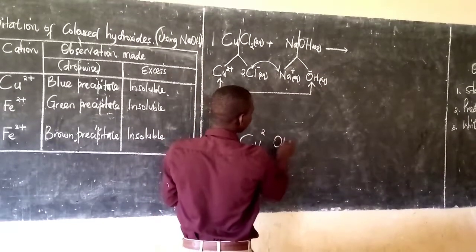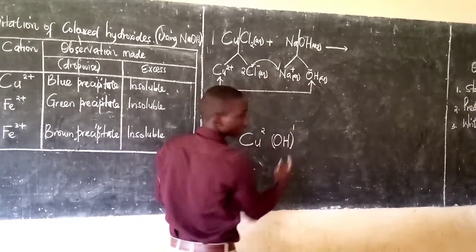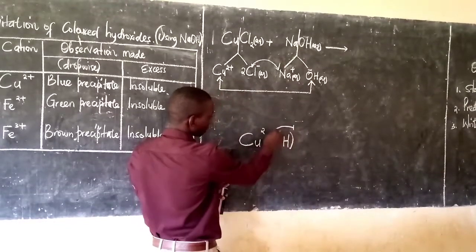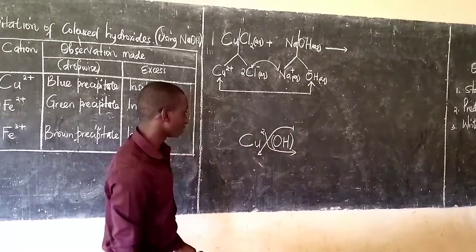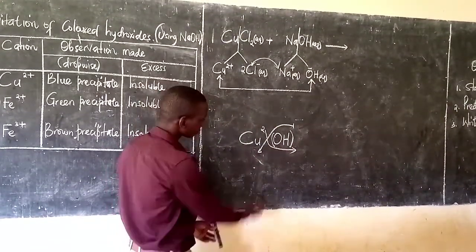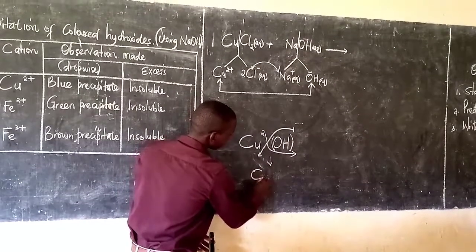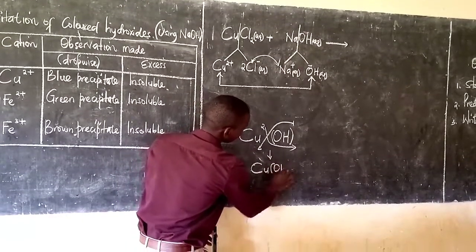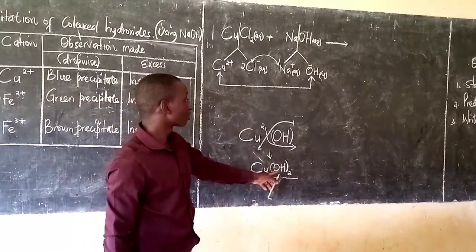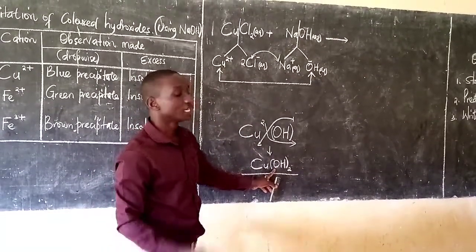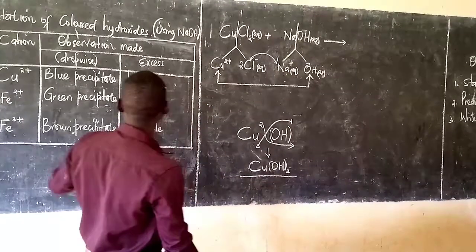Then this side, the hydroxide, from what we are getting, the valence is what? 1. So interchange and see, from our format of writing chemical formula of compounds. This one gives us the copper hydroxide, which is of that type. That is the formula. This is what is appearing as the blue precipitate that we have recorded here.